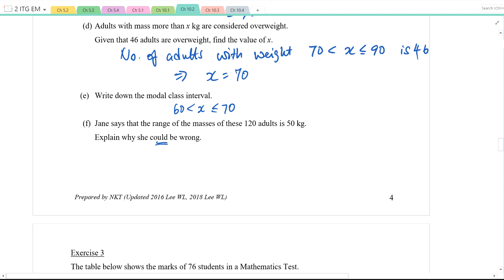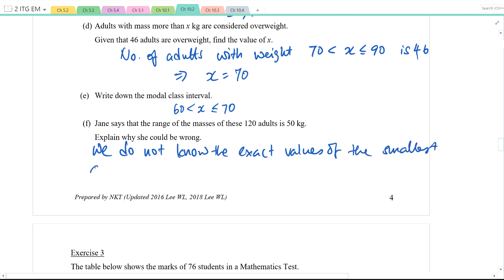Okay, so we say that we do not know the exact values of the smallest and largest masses.